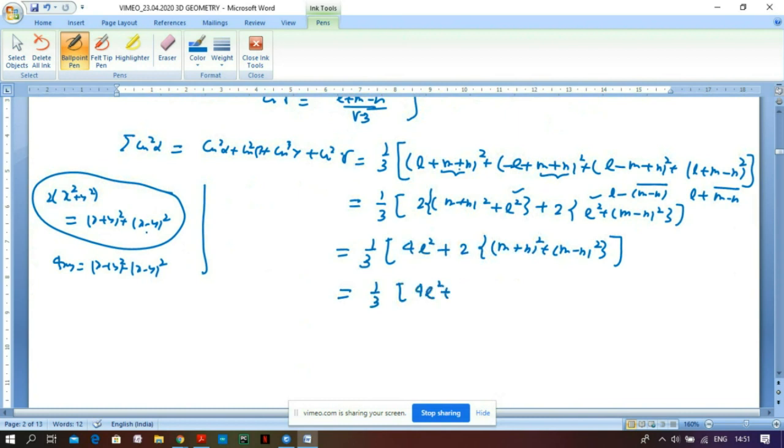We applied this result first time here, second time, and then third time. So this is again 2 times, 2 times (m squared plus n squared), and that brings us close. So 1/3 of the 4 comes out, l squared plus m squared plus n squared. Beautiful. And this is given to be 1, so this is 4/3.